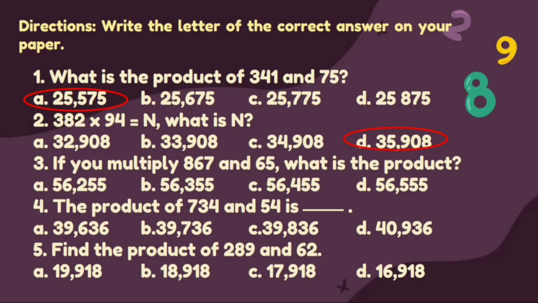Number 3. If you multiply 867 and 65, what is the product? Letter B. 56,355. Number 4. The product of 734 and 54 is?